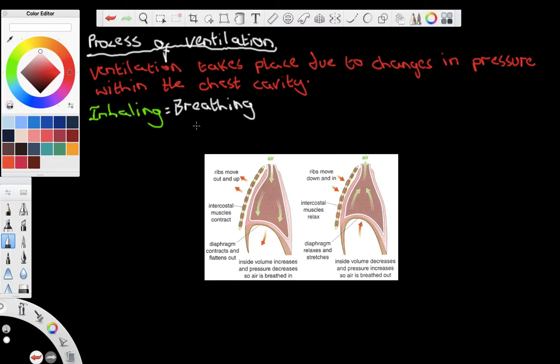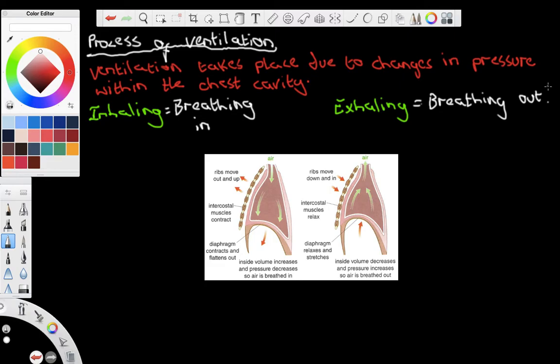And there is another word called exhaling, which is a posh word for saying breathing out. Okay? Now you need to know about how these processes happen.